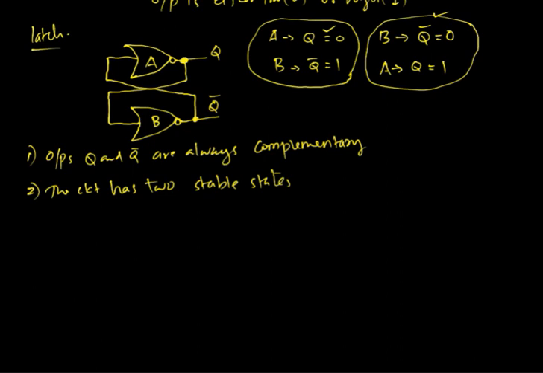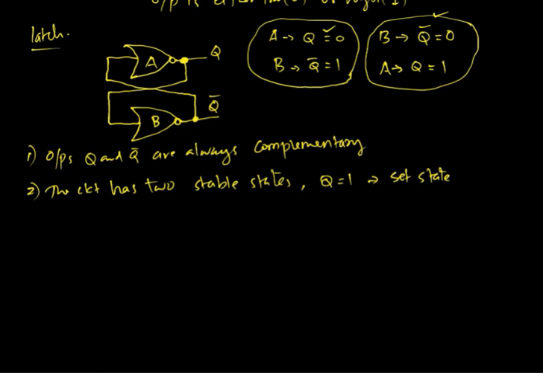In one of the stable states, Q is equal to high or 1, which refers to a one state or set state. So Q is equal to 1 is called a set state.